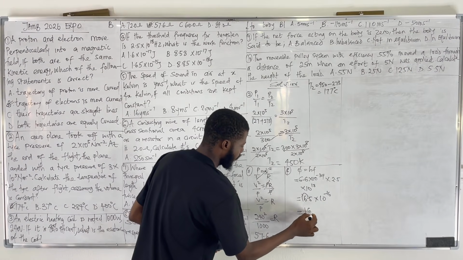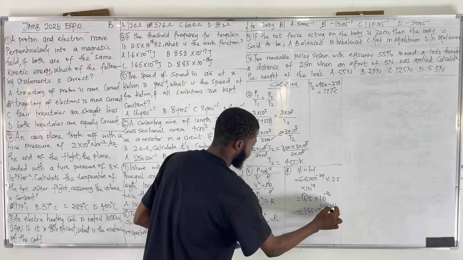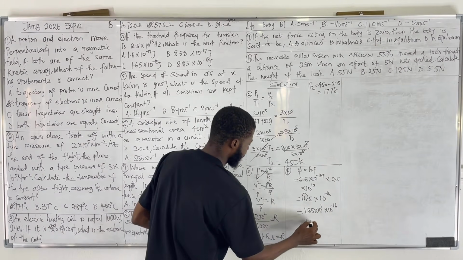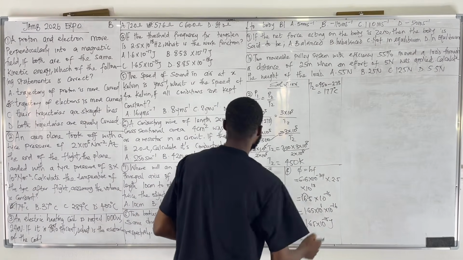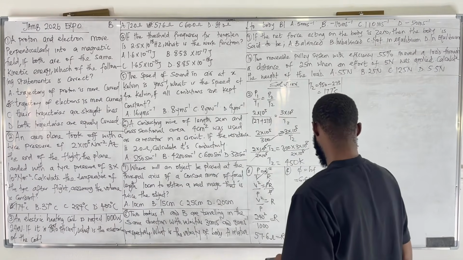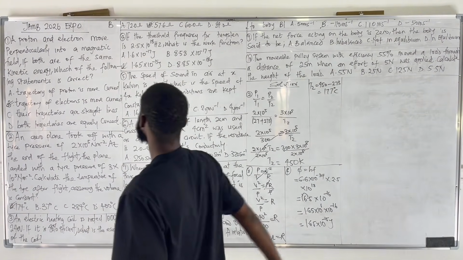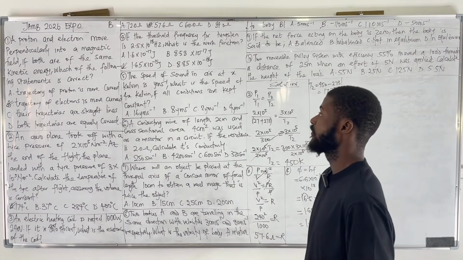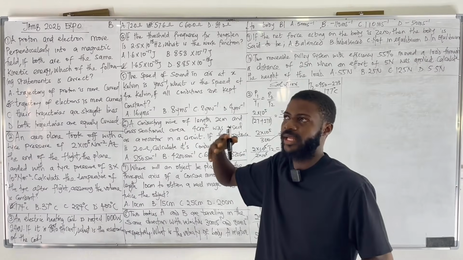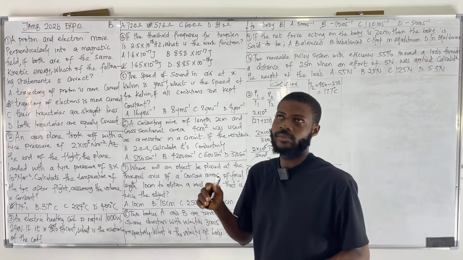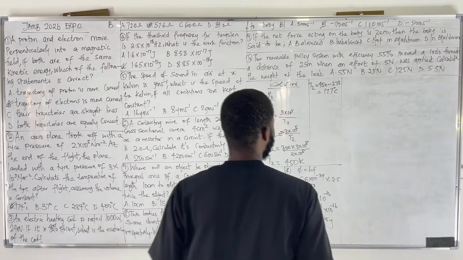So that becomes 1.65 times 10 to the power of 1 times 10 to the power of minus 16. So this will be 1.65 times 10 to the power of 1 minus 16, which is minus 15. And yes, the answer is going to be C. But of course, if this was negative in the original question, I had to, when I saw the question, because JAMB would, let's move on.